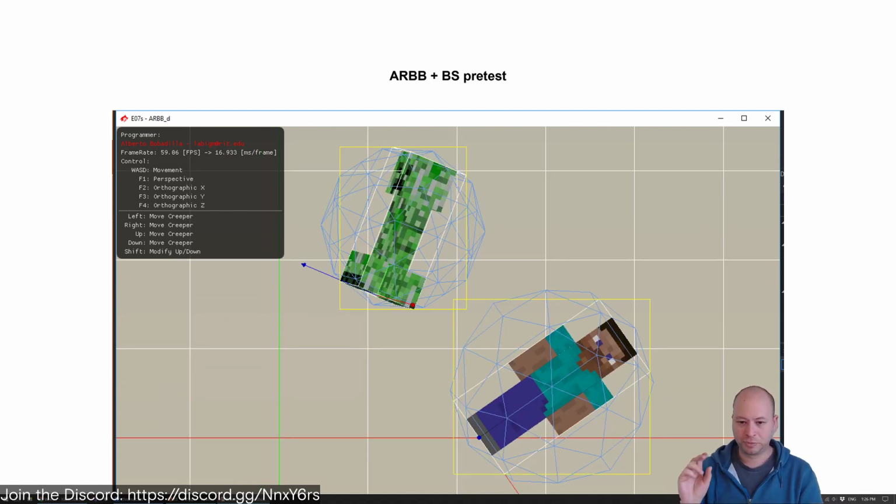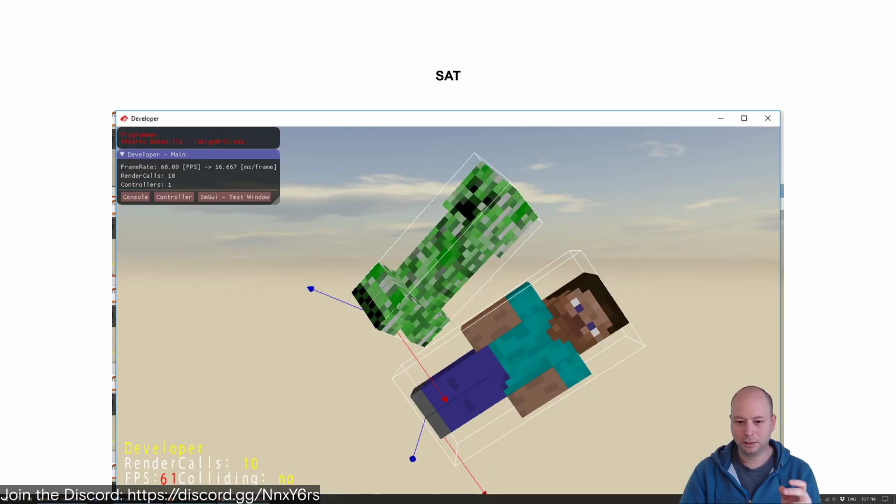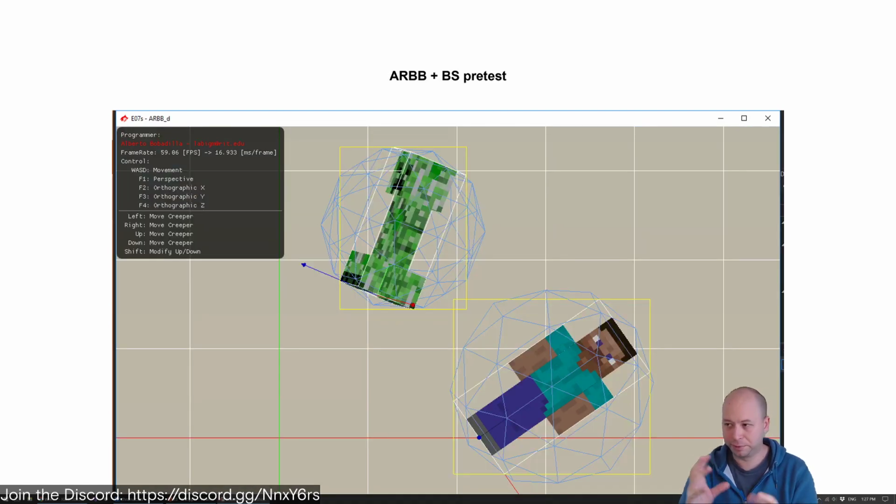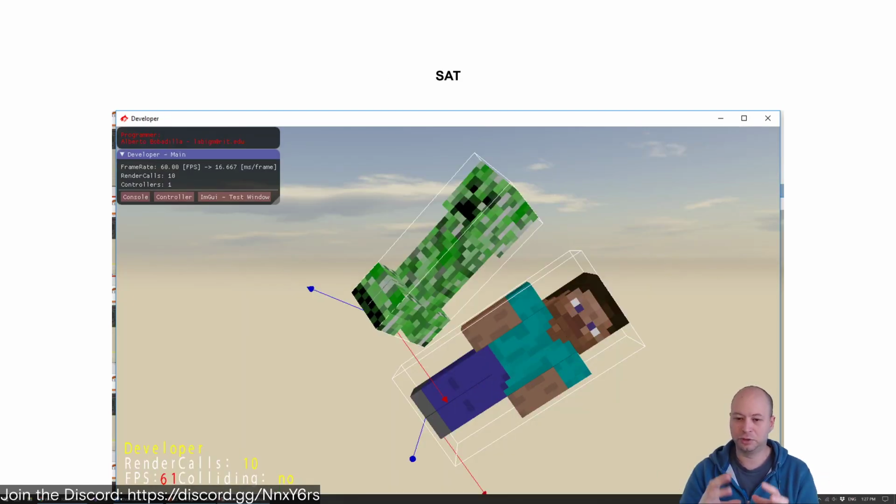So now we take the same idea with a bounding box pretest, and even though this doesn't register a collision, and so this is one way to approach it, obviously, you can still see that the bounding volume hierarchy, the axis aligned bounding boxes are still overlapping. Yet right now, if we were to imagine the pretest with something much closer, it would register even though there's technically no overlapping with the two.